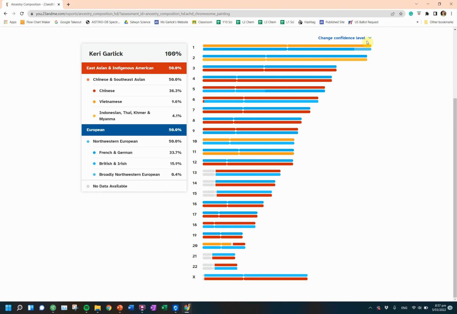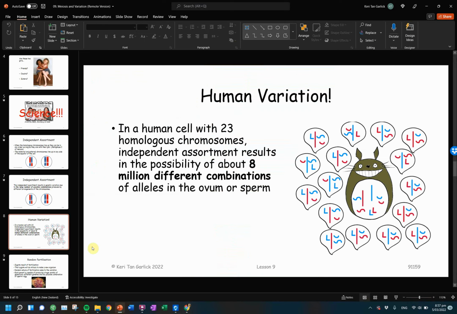So I'm going to have some eggs with a mixture, some that might by chance have more Asian chromosomes, some that might have more of the European chromosomes. My eggs are going to look completely random, and it'll be really interesting if I have kids and can get them a 23andMe as well, because then I can see what their chromosomes look like. That's just neat to think about.